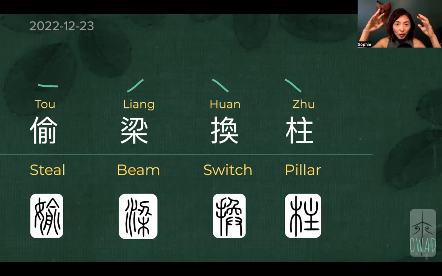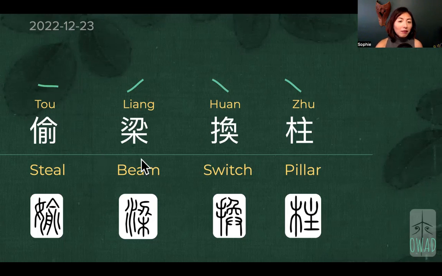You have a roof over you, right? The beam and the pillar are the main framework for a house to stand, for the roof to be over you safely.